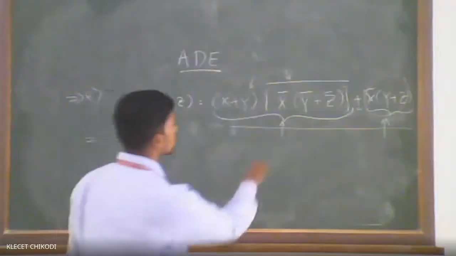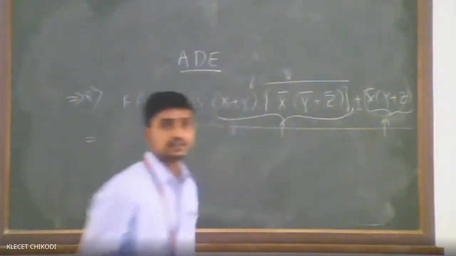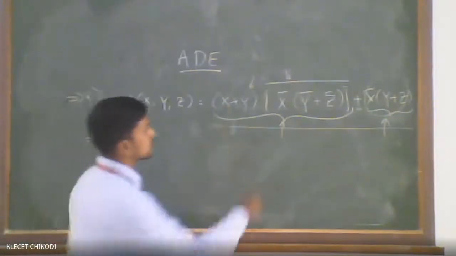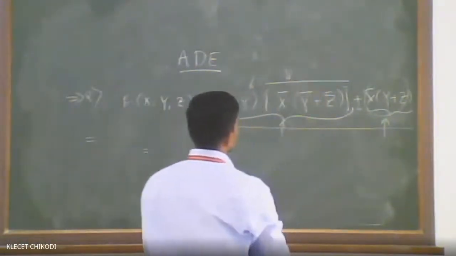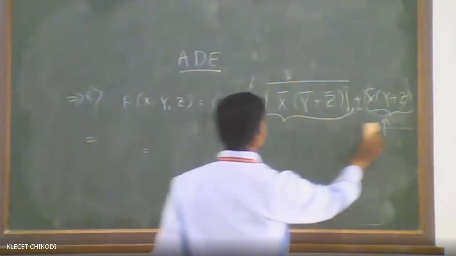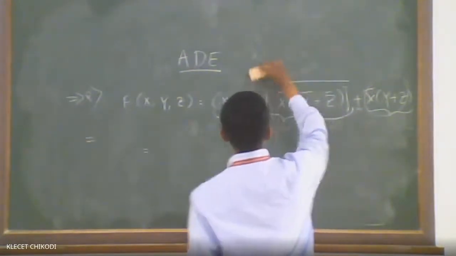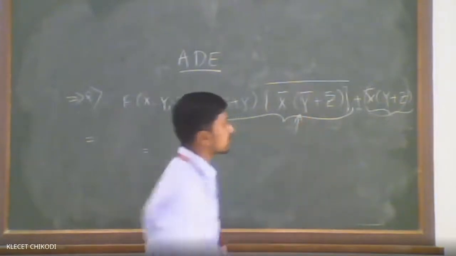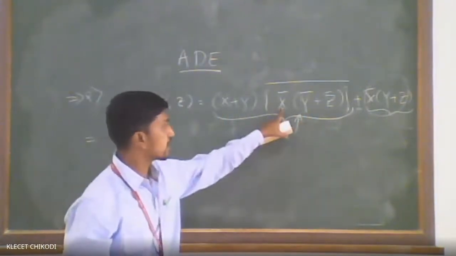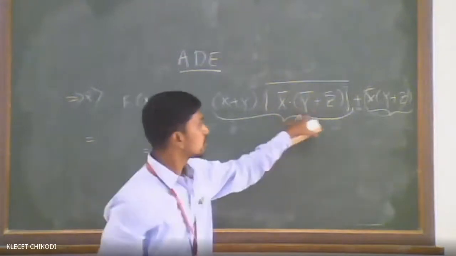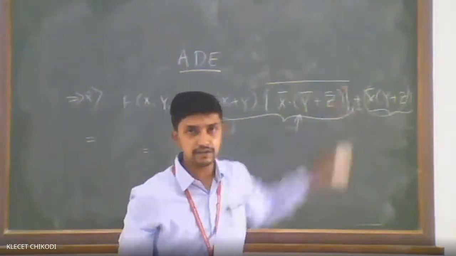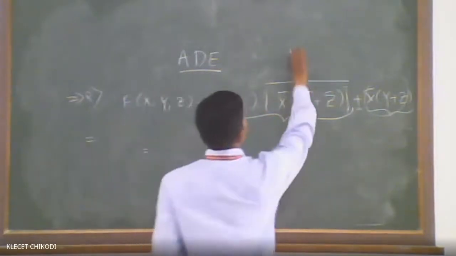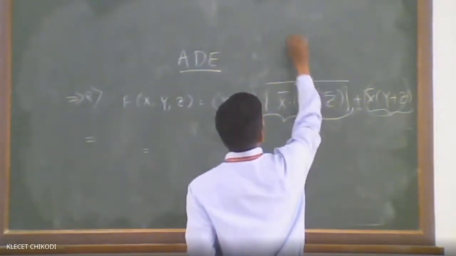You have to solve the individual terms here and simplify them. Let us see how to solve the first one. There is one term: x bar into (y bar plus z bar) whole bar. Is it looking like a into b whole bar?